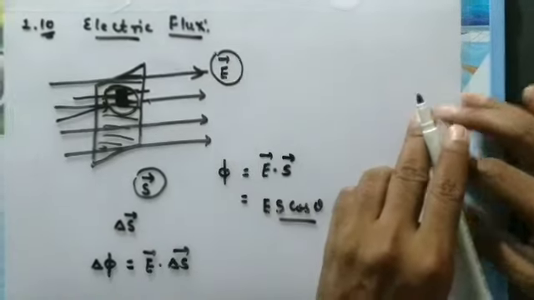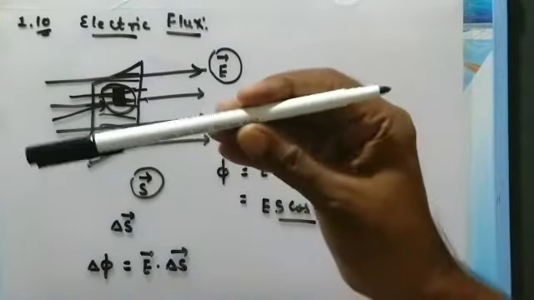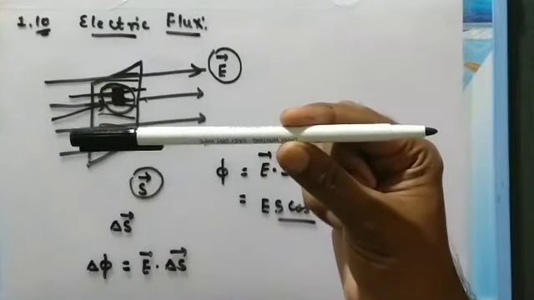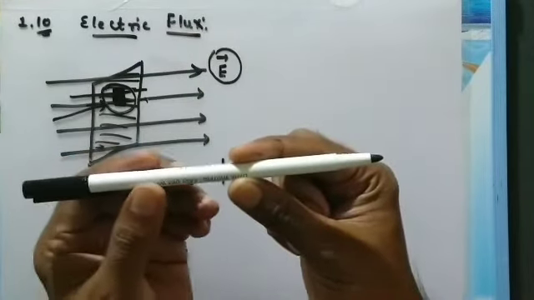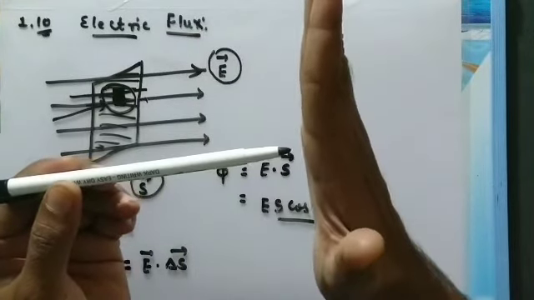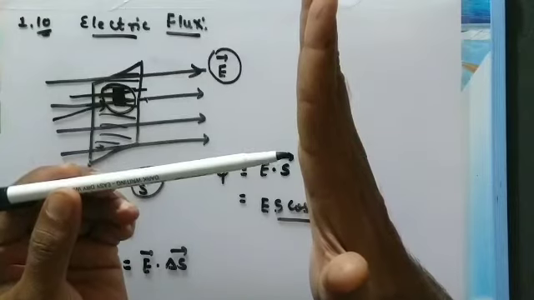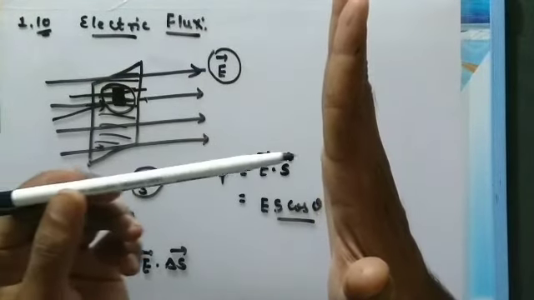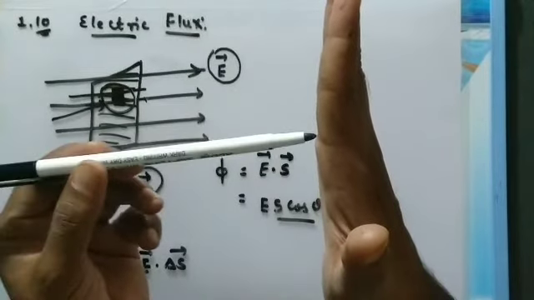So suppose now electric field is in this direction, which is shown here. If I put my hand like this, then you can see here this electric field is passing through the surface of my hand.